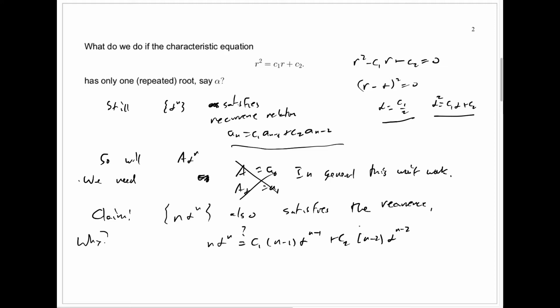Well, if we divide by alpha to the n minus 2, we get n alpha squared is c1 n alpha, and then I'm separating this out, distributing here the n minus 1, we'll have a minus c1 alpha plus c2 n, and we've divided by the alpha to the n minus 2, so we just have c2 n minus 2 c2. And let's see, here we go.